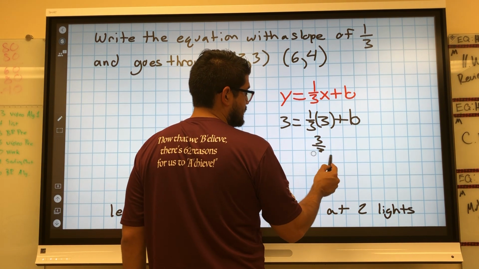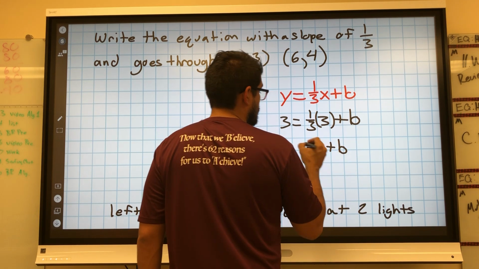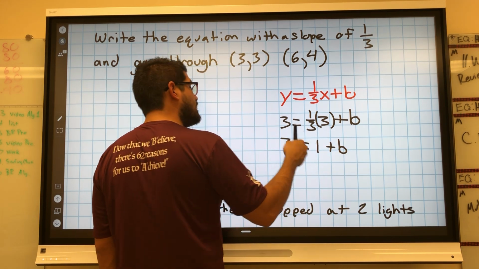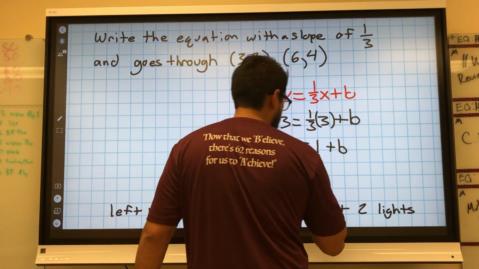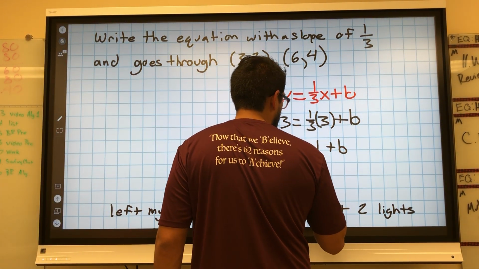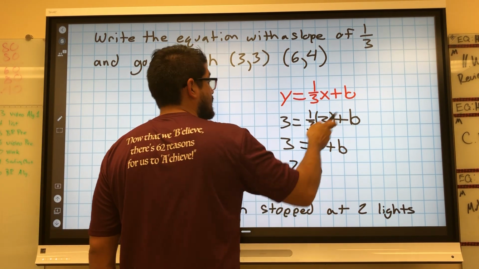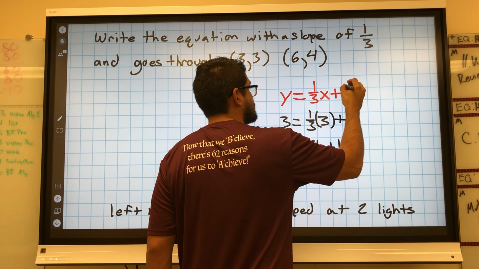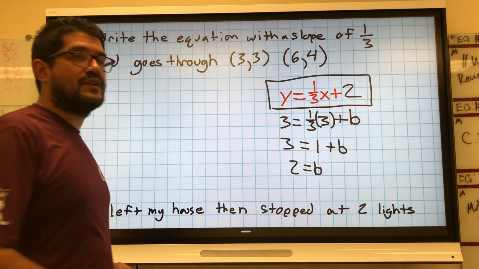Now 3 over 3 is 1. And that equals 3. So 1 plus something equals 3. Oh wait, the answer is 2. So b equals 2. So now that we know what b is, and we know what the slope is, I can just write the equation in its entirety right here. y equals 1/3 x plus 2.